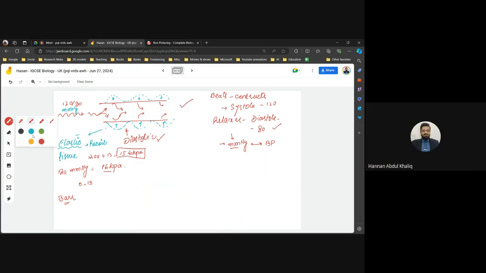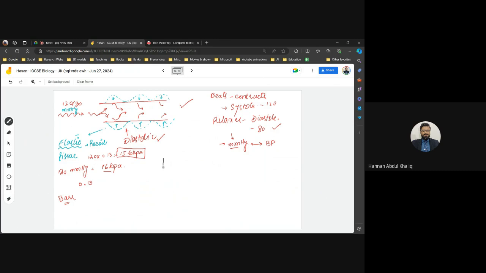Now, what are veins? I have already told you the veins are quite wider, and they have wider lumen. You can simply say that veins are storing the blood as well.